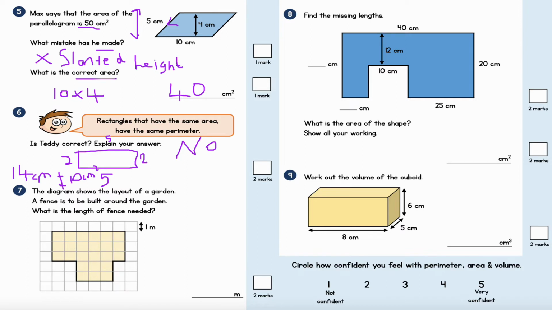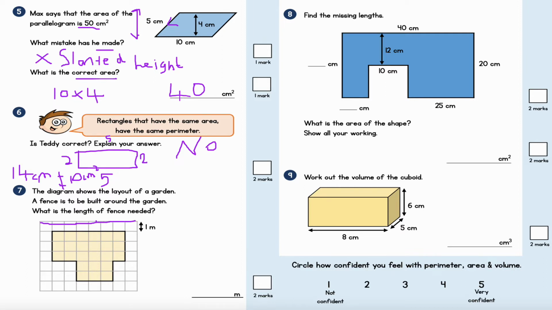This is question number 7. The diagram shows the layout of a garden. What is the length of the fence needed? So the fence goes around the garden, doesn't it? So the length, 1, 2, 3, 4, 5, 6, 7, 8.